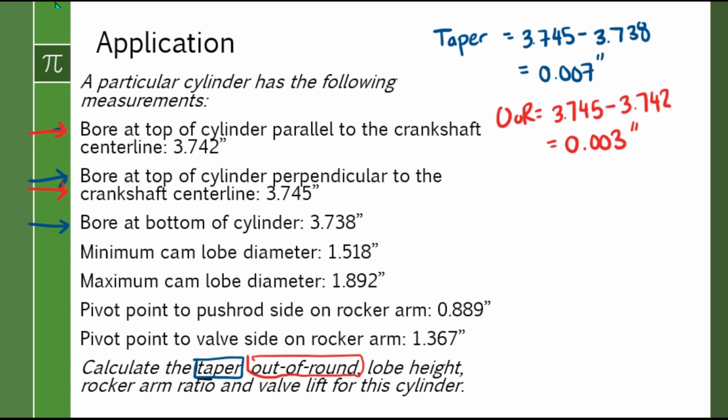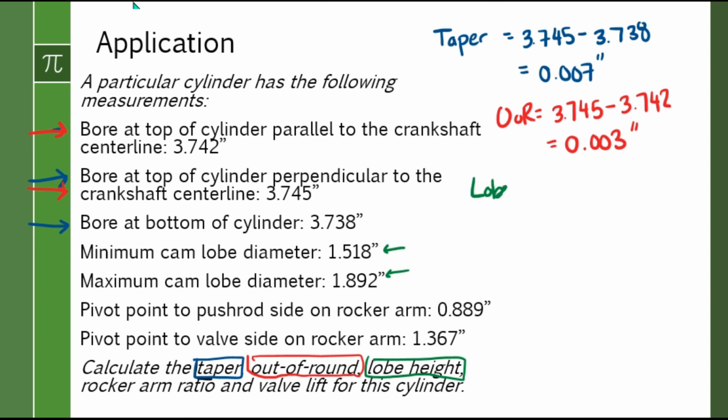Next, lobe height is going to be green. We're going to compare the difference in cam lobe diameters from the base circle to when we have the long lobe. So we're going to compare these 2 measurements.